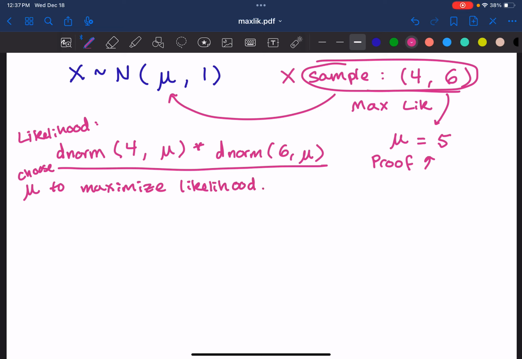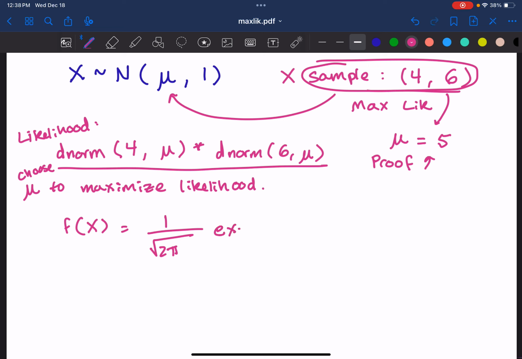So what's the density of the normal distribution? We have an equation for that. The PDF of the normal distribution is 1 over the square root of 2 pi sigma squared, but we said our standard deviation is 1, so I'm just not going to write the sigma squared.